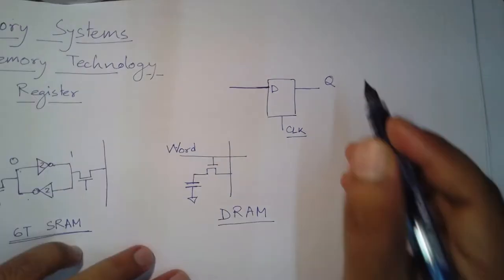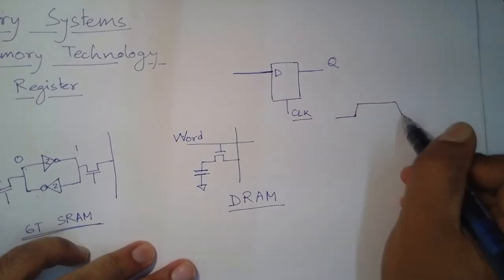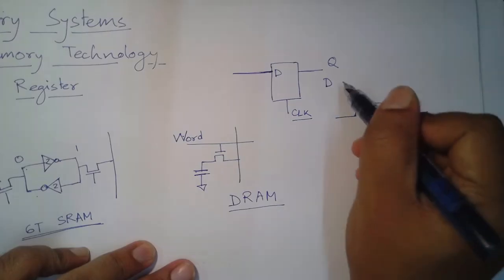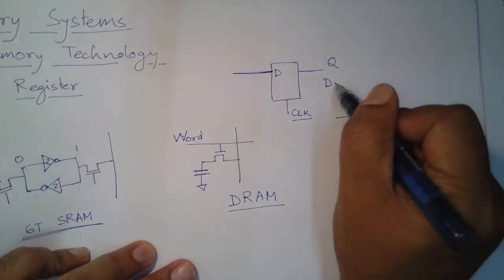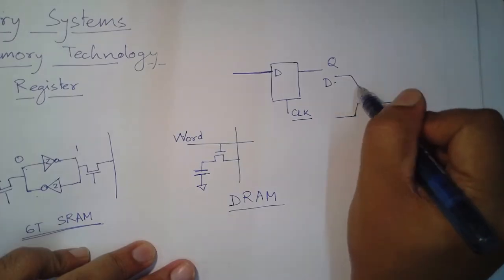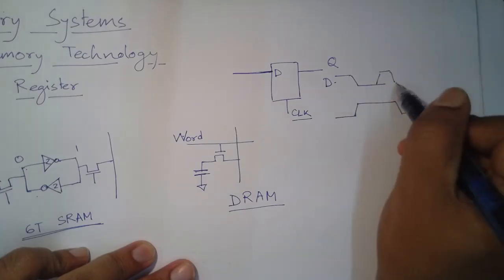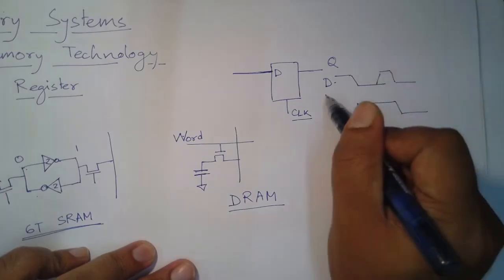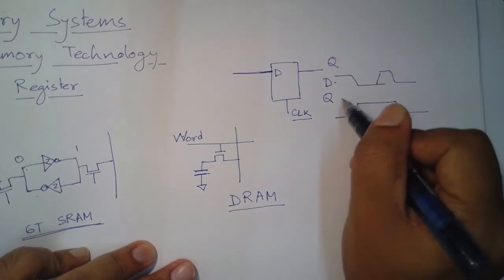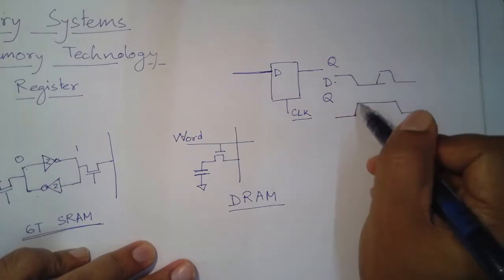Pictorially, if you want to see, this is my clock signal, and D changes. Whatever change happens in this duration when the clock is high will get reflected in Q. We do not know what the previous value of D was before this clock, so we will start from here.